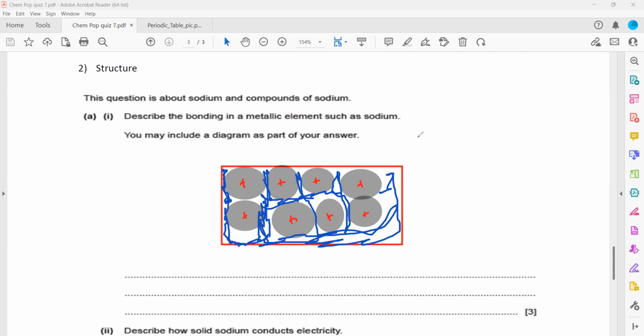And whenever you draw a diagram, it should always be labeled. So this is the cation or the positive ion, and these are the free or the delocalized electrons.